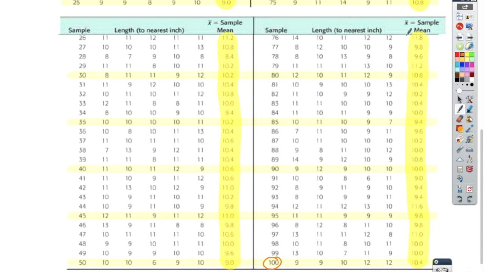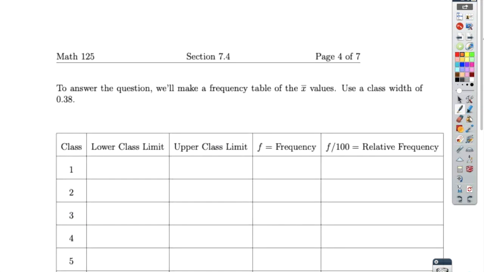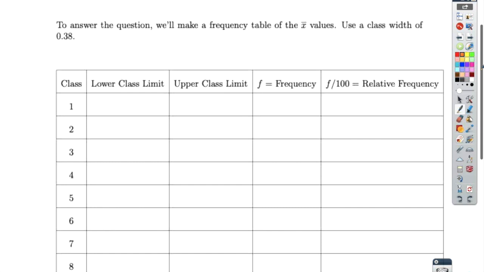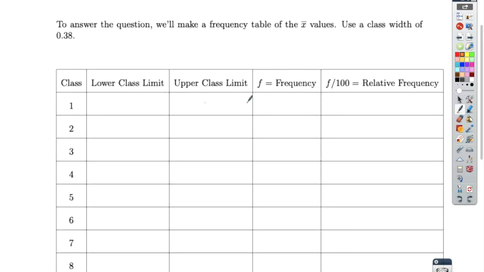So with that data, these 100 different data values, we're basically going to consider this to be our set of data. And there's still a lot. I mean, there's still 100 values to deal with. With those data values, we're going to go way back to what we did in chapter 1, and we're going to make a frequency table of those values, the X bar, the mean values.